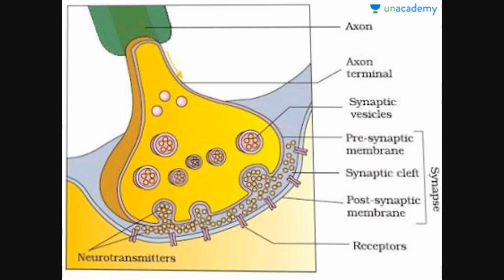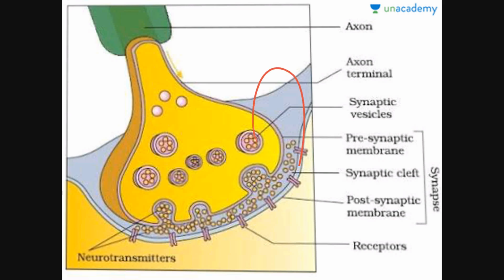In this diagram we can see the presynaptic membrane and postsynaptic neuronal membranes. These are the synaptic vesicles. In these synaptic vesicles, neurotransmitters are produced, and the vesicles containing neurotransmitters are transferred to the synaptic cleft area.